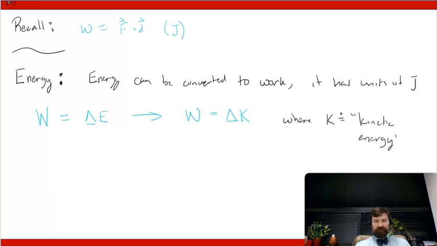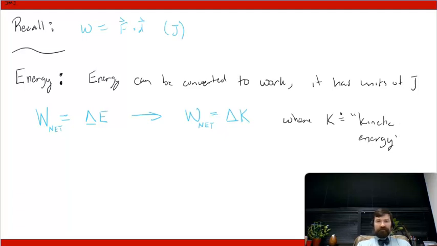However, as we will see in future lectures, it's possible to do work against some other force in the system and store that as potential energy. So in some sense, what this really should say is that the net amount of work, or the total amount of work done on a system, should be the change in kinetic energy of that system.